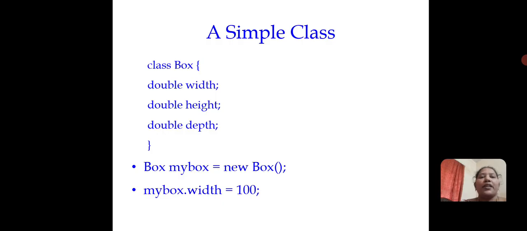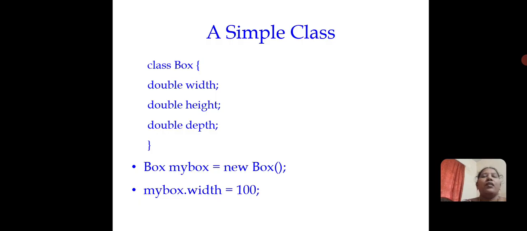Whenever you create an object, a constructor is automatically called. If you define a constructor, that will be called, otherwise a default constructor will be called. The usage of the constructor is that it initializes all the variables and functions used inside a class. So this is an example.